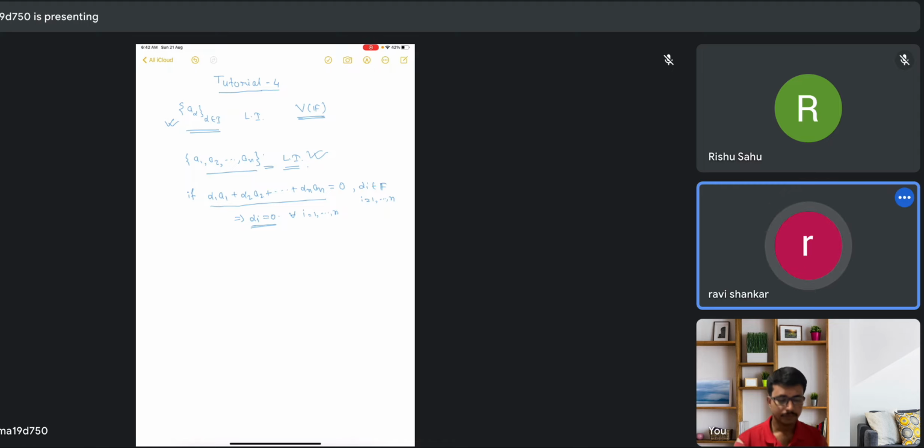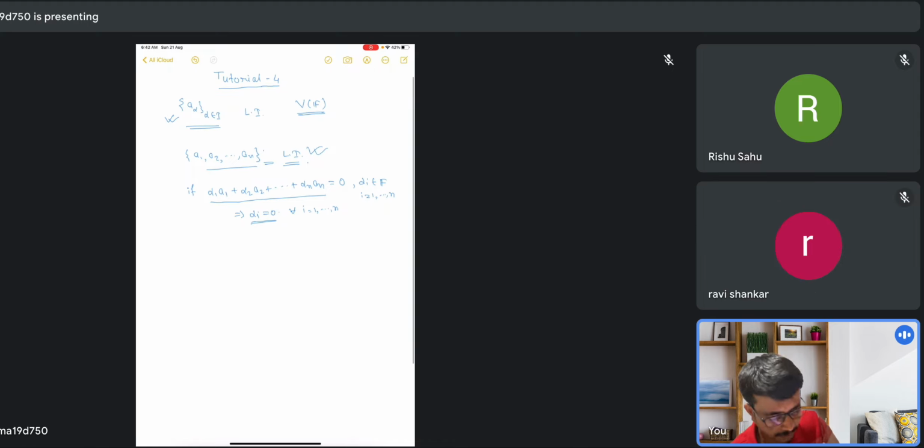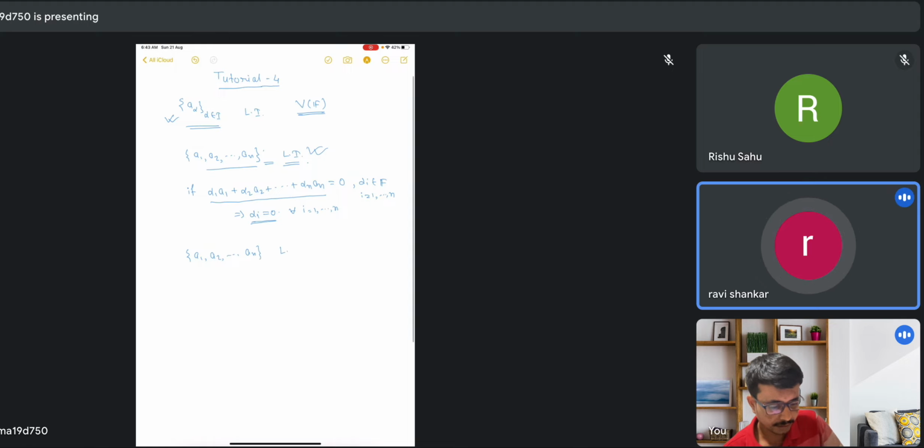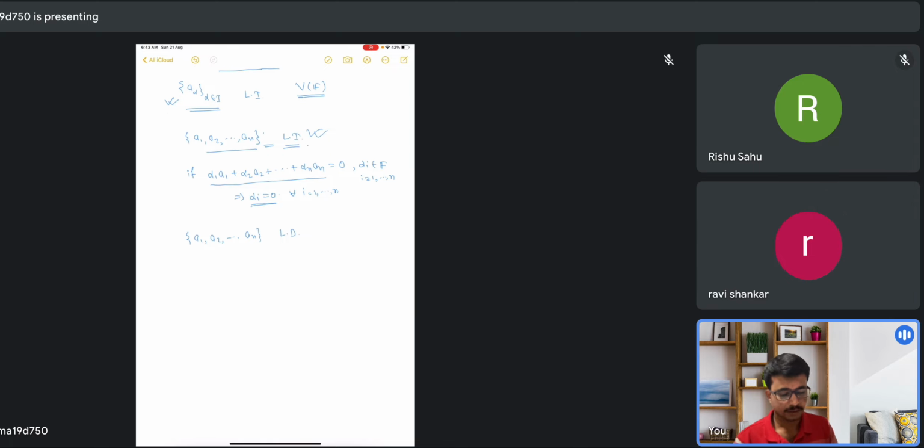Yes, sir. Okay, and when will we say that it is linearly dependent? Suppose you have this set. When there exists some alpha i which is non-zero.